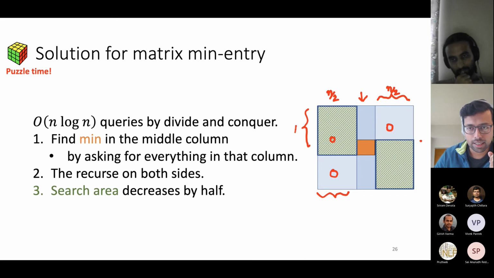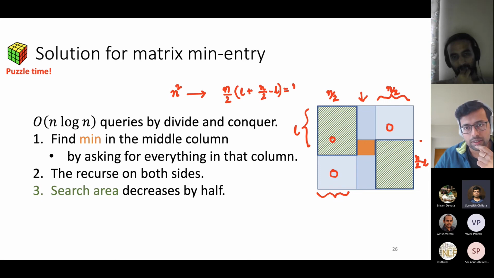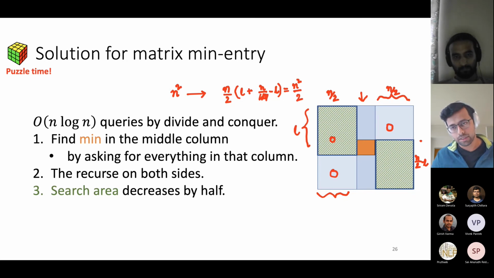Let's say this is L, and this is n over 2 minus L. So from n squared, that's the search space, you are now down to n over 2 times L plus n over 2 times n over 2 minus L, which is n squared over 4. Sorry, it is n times n minus L, my bad. And so n squared over 2. So you're cutting down the search space by half.